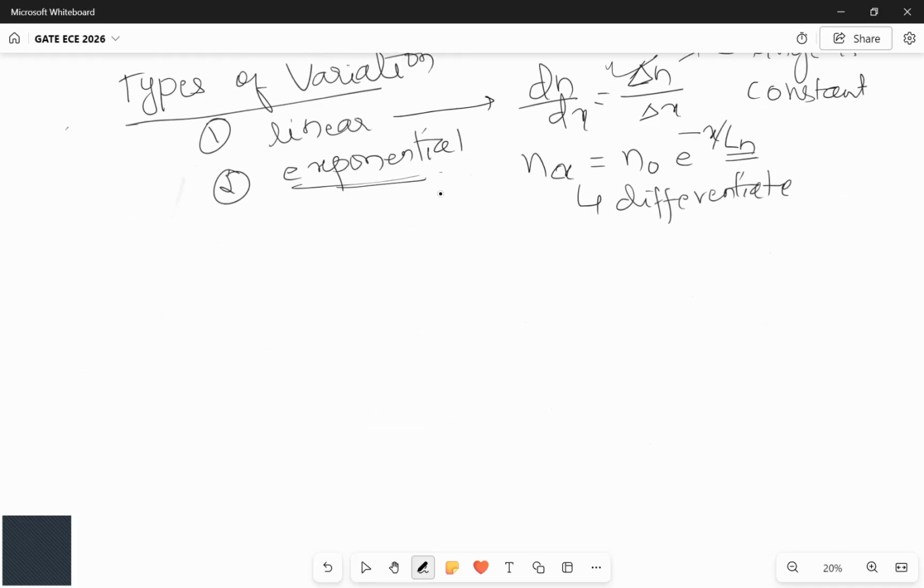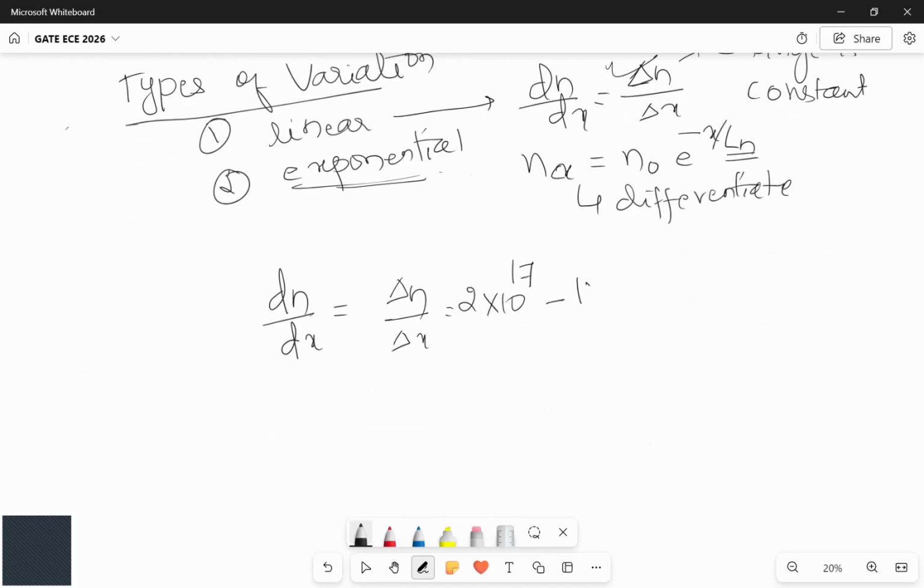So in our question, it is given as linear variation. We can directly calculate dn by dx as delta n by delta x, which is 2 into 10 raised to 17 minus 1 into 10 raised to 16, divided by 3 into 10 raised to minus 4, because it is in micrometer, right?